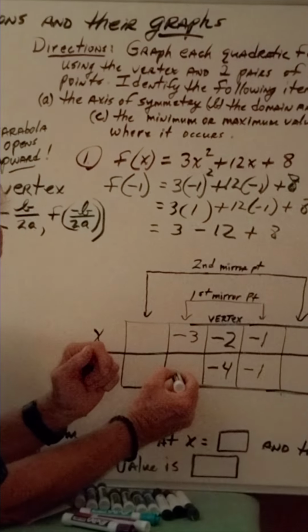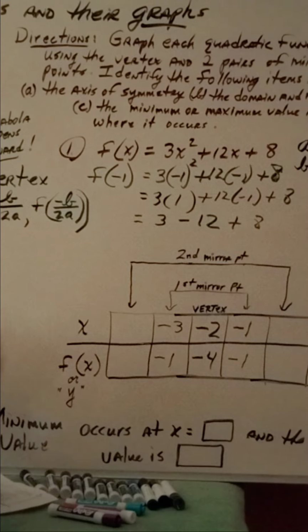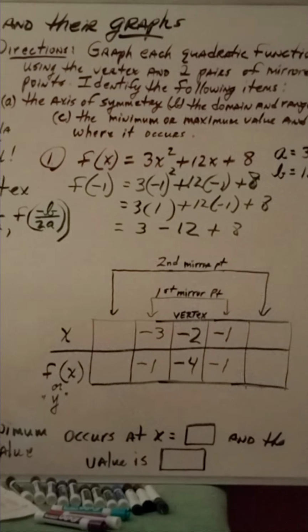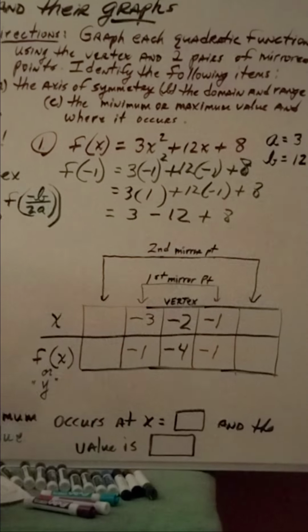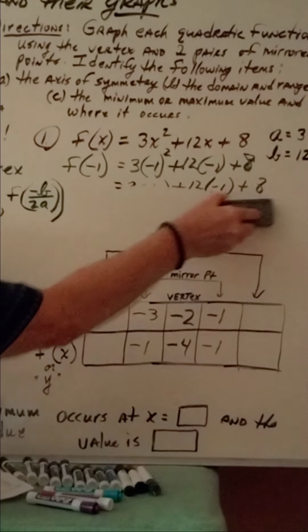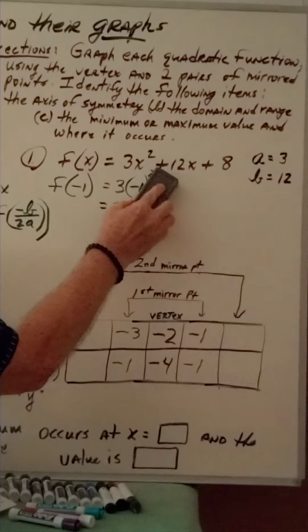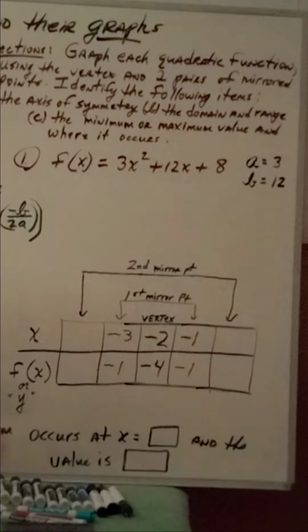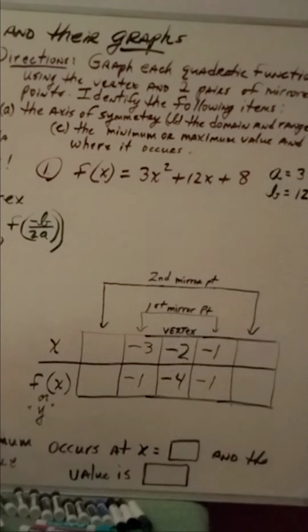It's going to have to be -1 as well. Now you see, to me, that's pretty nice. Now we only need one more pair of points, so let me erase some things right here, and let's go to the final mirrored point.